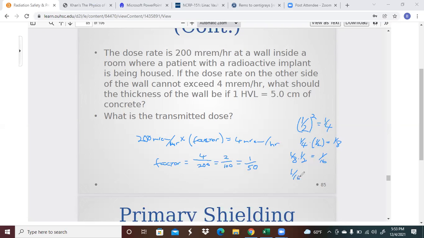Multiply that by another half, 1/32, that's still not 1/50th. So if I take 1/32 and multiply it by 1/2, that ends up with 1/64. So I've had 2 half value layers here, that's another third, a fourth, a fifth, somewhere between 5 and 6 is what we are looking at.